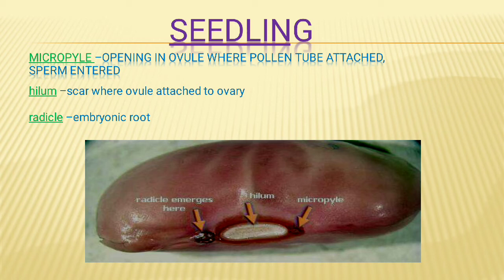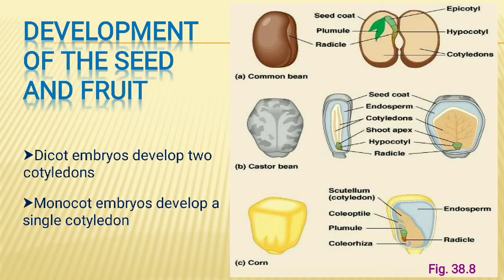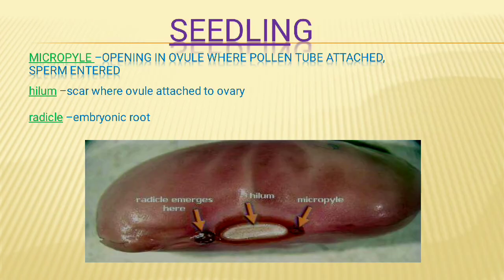In this diagram, the structure of a kidney bean, you can see the micropyle, the hilum, sometimes also called the scar. Then the radicle. From this radicle, the root emerges. Understood? This is the seedling structure.